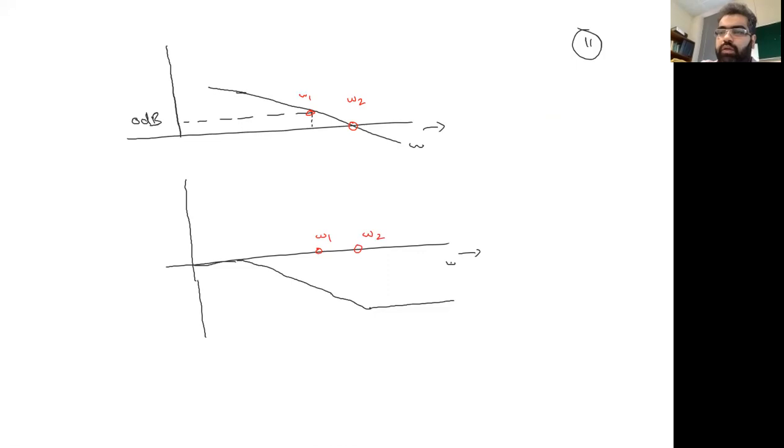At omega 1, if I want to see my angle, it is minus 160 degrees, for example, and at omega 2, my angle is minus 180 degrees.